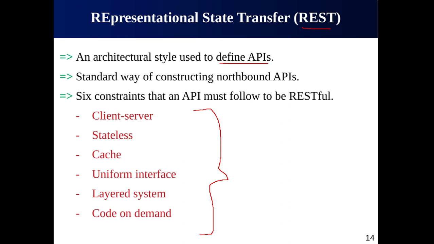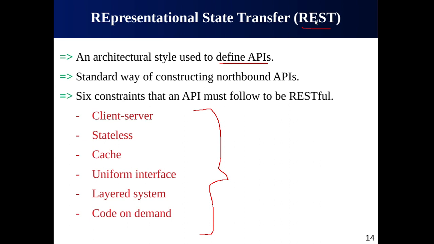Why? Because these constraints are important to be RESTful. So the objective of these constraints is to maximize the scalability and interoperability or independence of the software interactions with the other components. What are these constraints? These constraints are client server, stateless, cache, uniform interface, layered system, and code on demand.